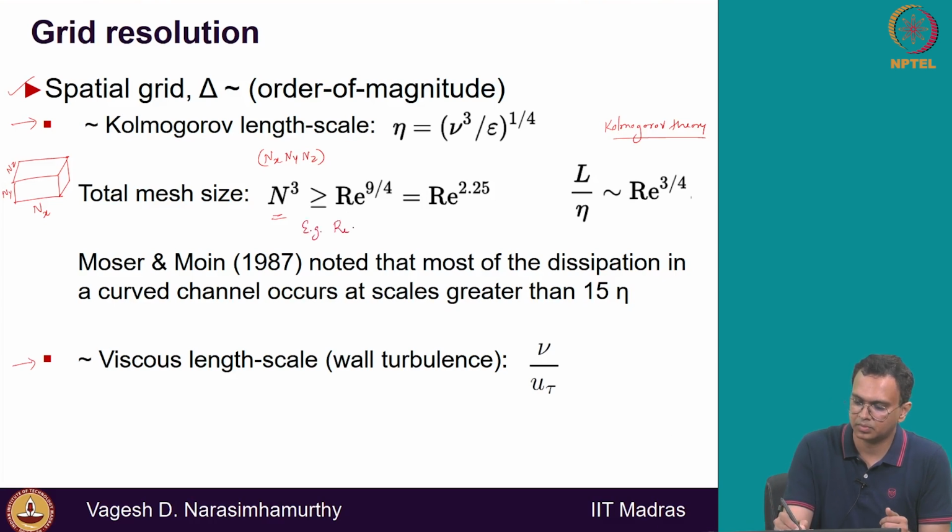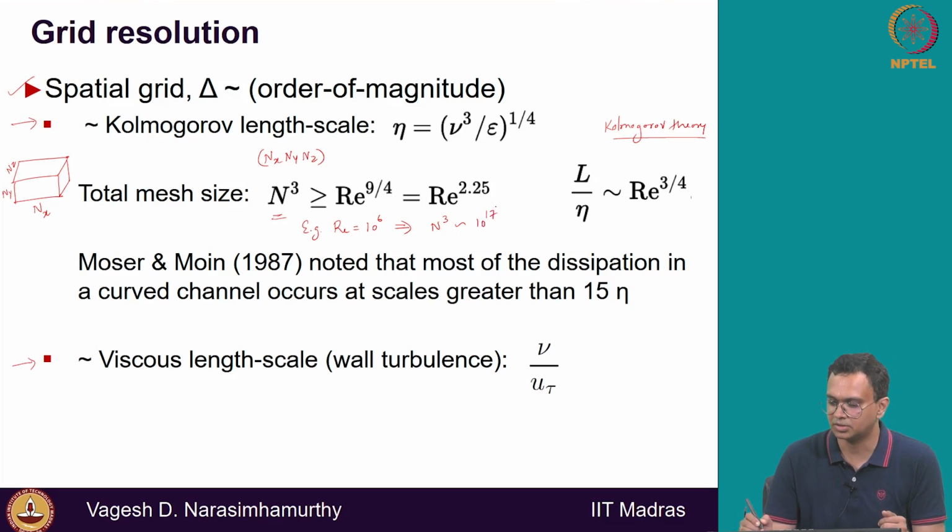Example, Re equal to 10 raised to 6 will give, what will be the n cube? Even if you square it, it is 10 raised to 12, right? 10 raised to 17.